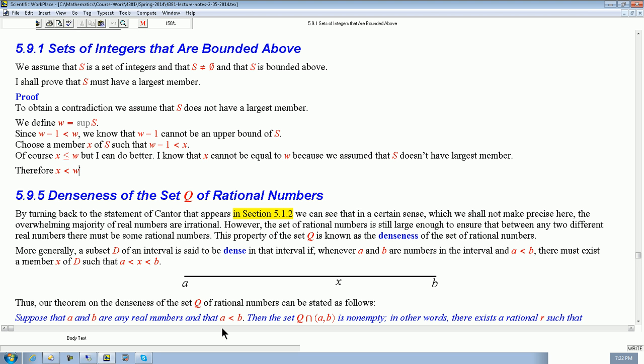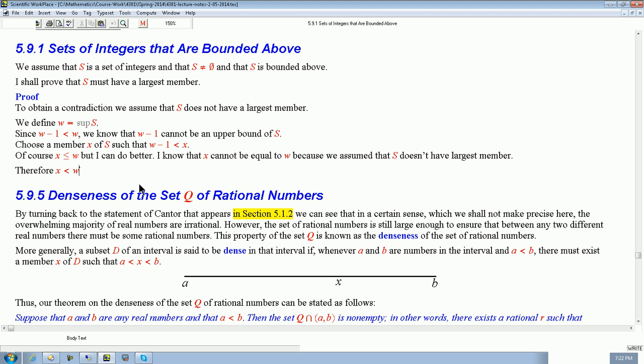We know that X can't be more than W, but it can't be equal to W either, because the supremum W of S must not belong to S, otherwise it would be the greatest member. If the supremum of a set is one of the members, it's the biggest, is it not? This is a principle that we've resolved together.